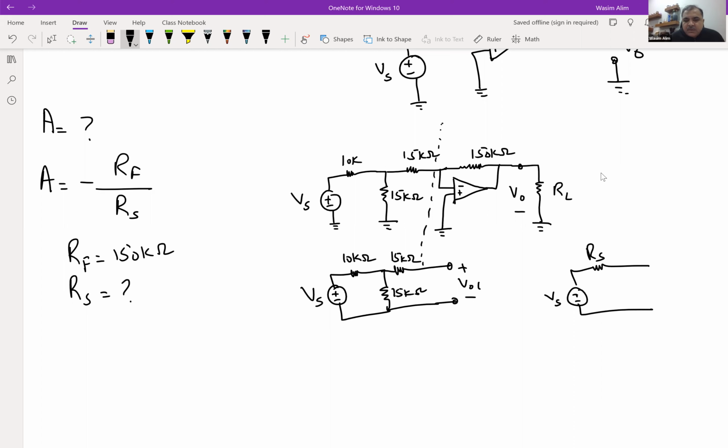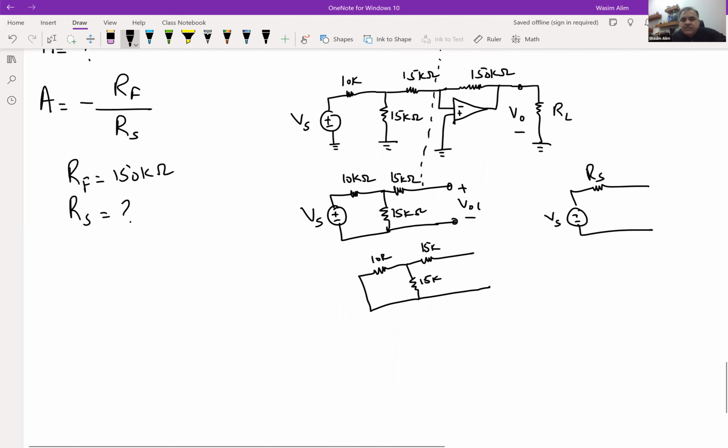So I will convert this to this form. Again, this is 15 kilo, this is 15 kilo, and this is 10 kilo. Now, if you look at the 10 and 15 kilo ohm resistors, they are in parallel.